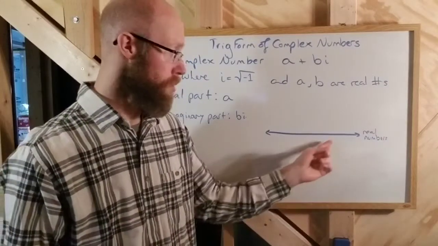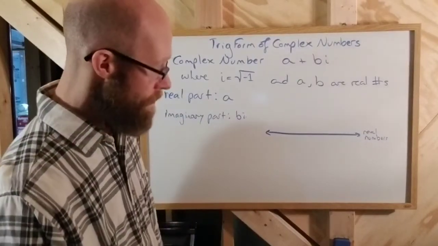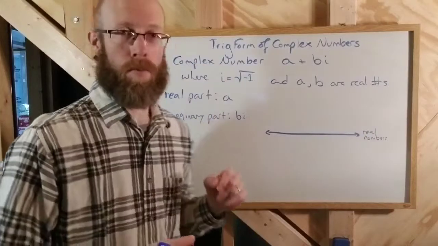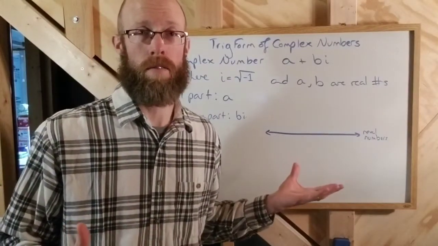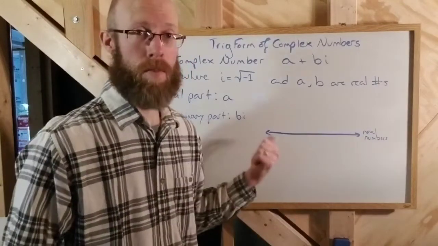The number 2 is over here, the number -5 is in here somewhere. Complex numbers are not found on the real number line. They're not on this number line.